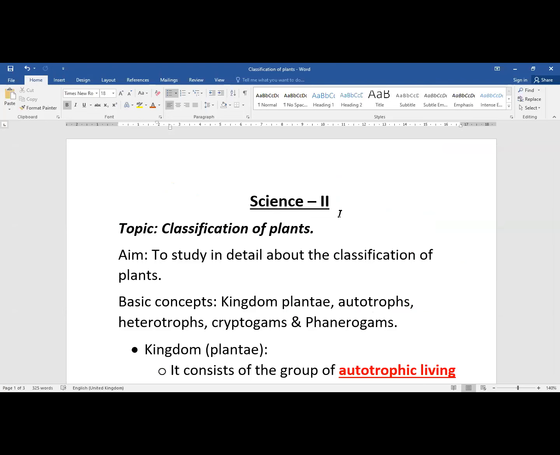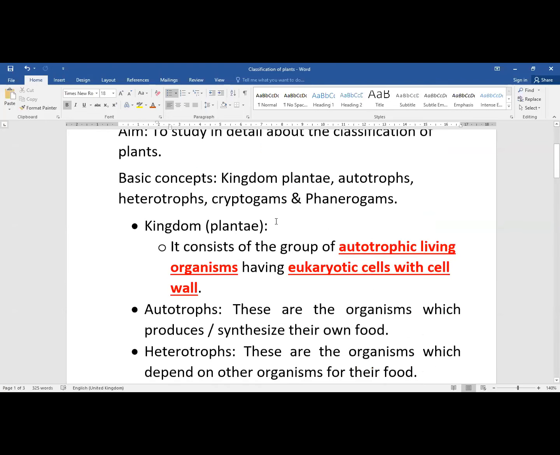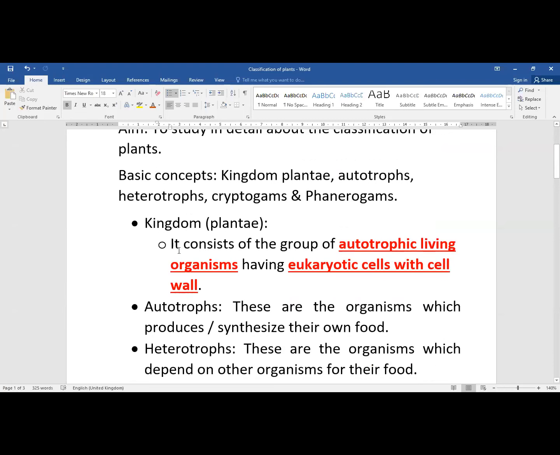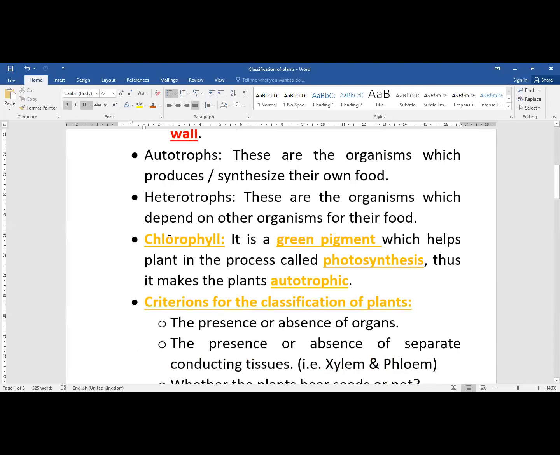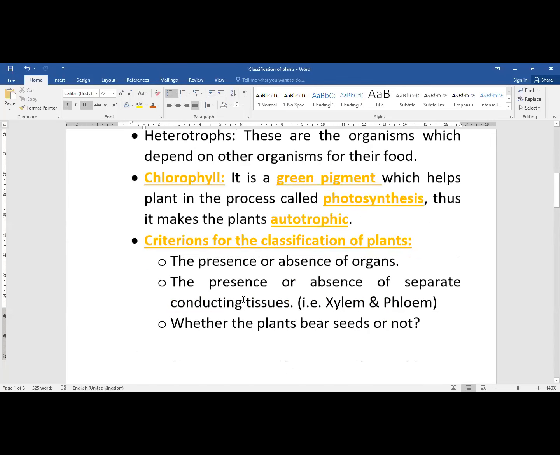Our aim was to study in detail the classification of plants. We started with the basic concept of kingdom plantae, where we studied that kingdom plantae consists of a group of autotrophic living organisms having eukaryotic cells with a cell wall. Then we studied autotrophs and heterotrophs, and discussed chlorophyll, which is very important for photosynthesis and makes the plant autotrophic.